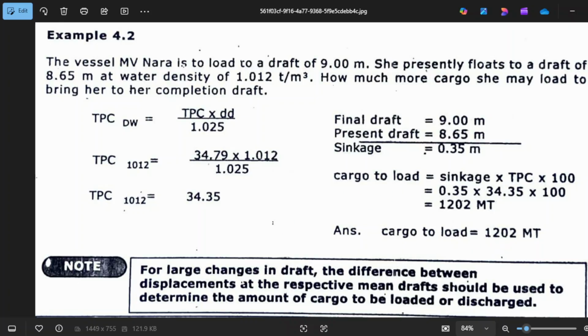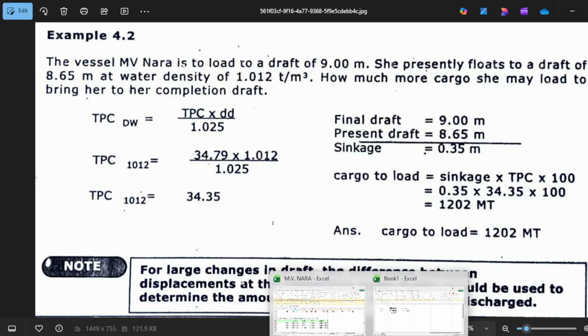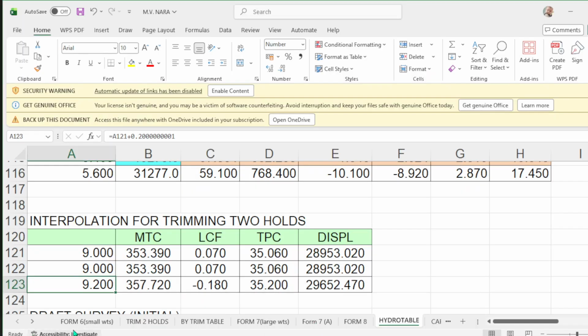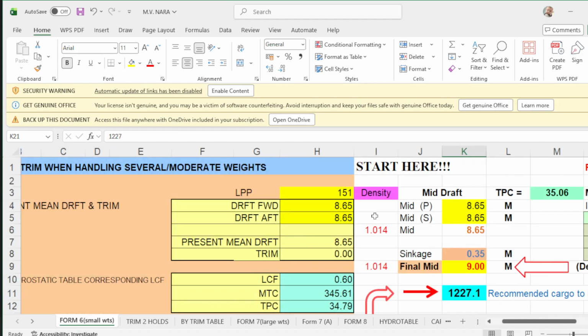Now I will show you the program. This is the program, and this should be 1.012.